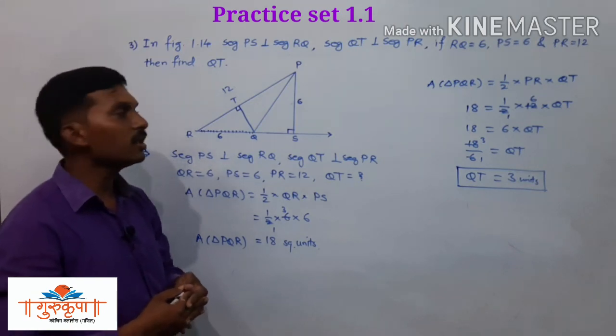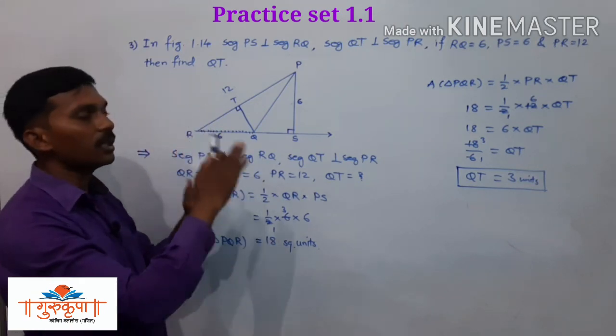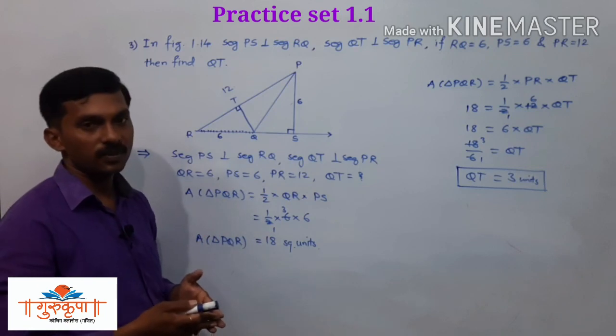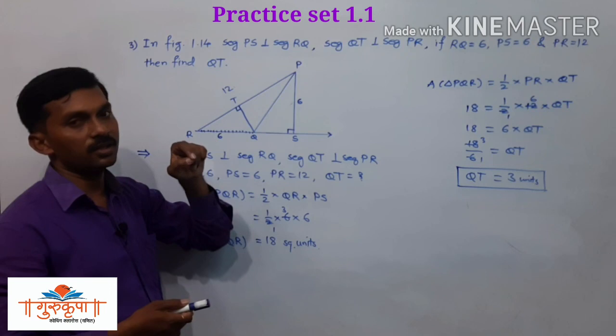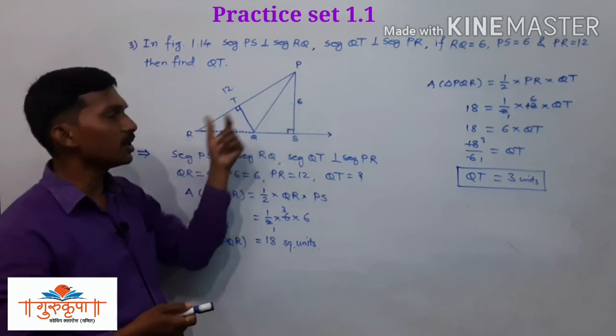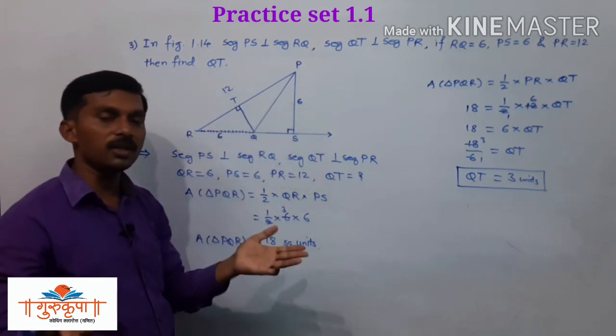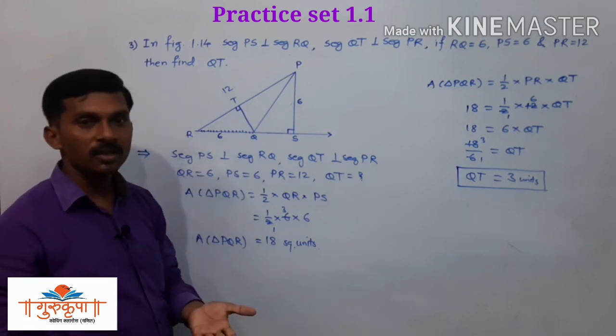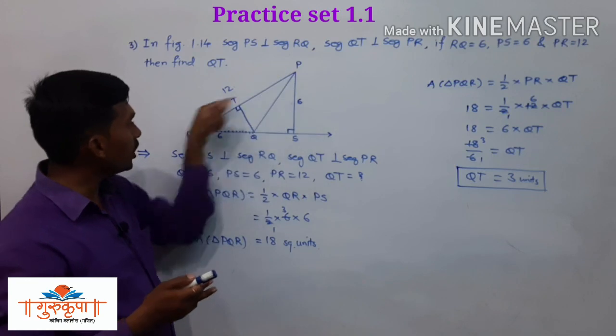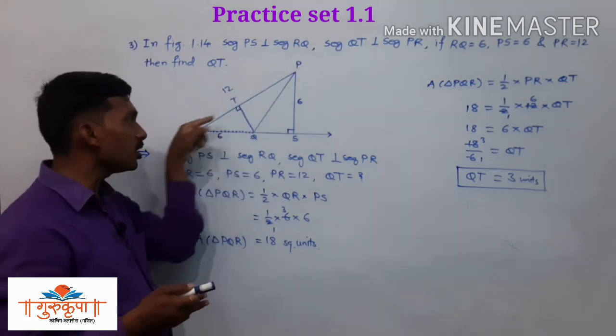It is too easy. We find the area of the same triangle twice. First, we select QR as base and PS is height. If base and height both are known, then you can easily find the area. And once you get the area, then again think about the area of the same triangle but changing the base and height.